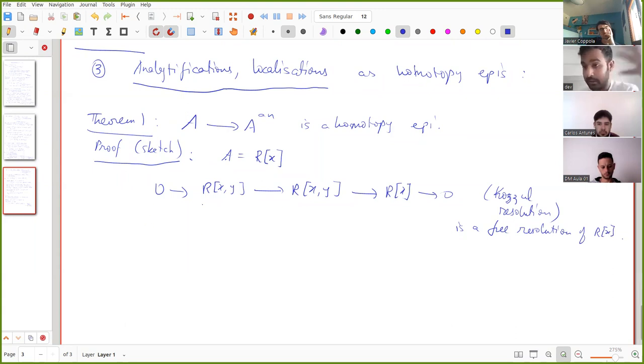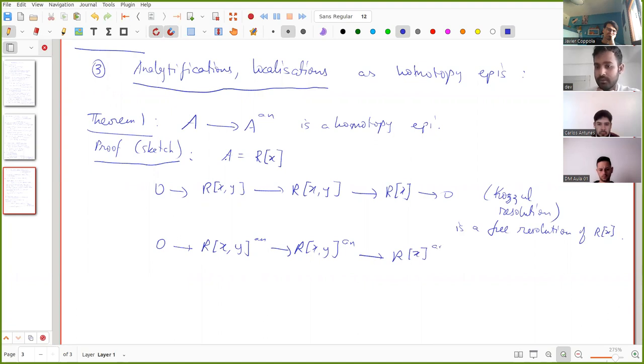Okay, now we analytify the Koszul resolution. This is something one checks by hand. It turns out that the analytification, whatever analytification you choose, is still a resolution. And the same maps as in the Koszul resolution worked in this case as well. So this is a free resolution, but of the analytification.